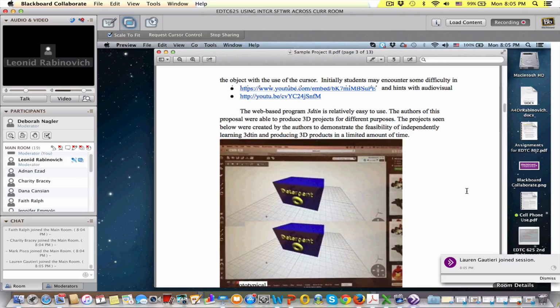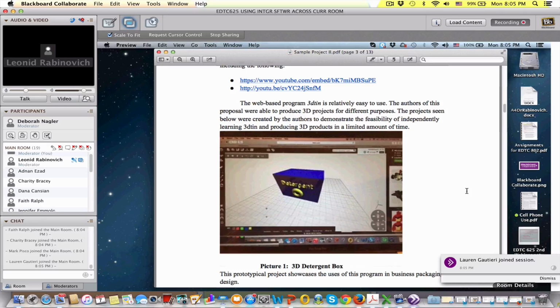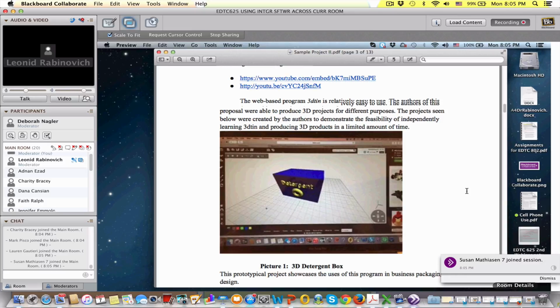They provided some screenshots, and I would like you to do that as well, because we would like to share this project with your classmates so that they will get some ideas on how they can integrate this technology.